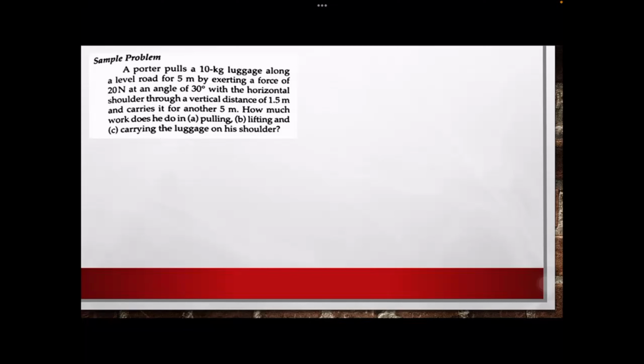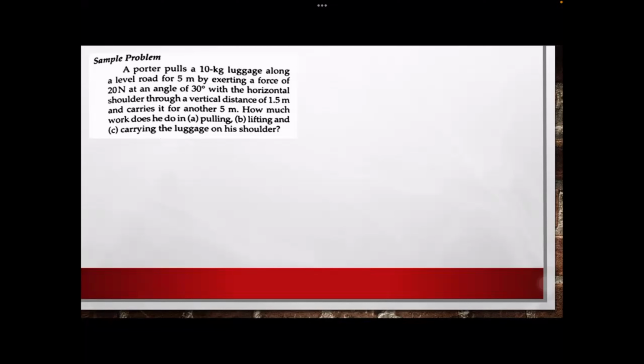Then after pulling, he carried it for another 5 meters. For letter A, how much work does he do in pulling? For letter B, the lifting, the carrying. And for letter C, carrying the luggage on his shoulder, or the carrying.